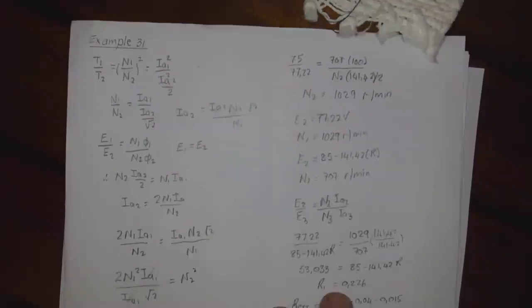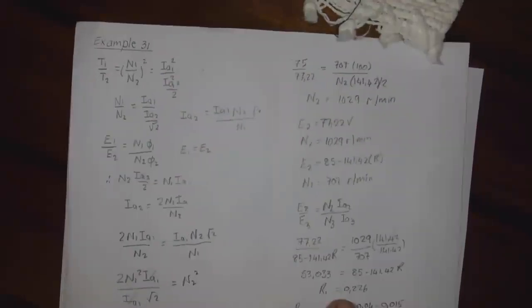E1 is equal to E2 because they've said nothing about the resistance, so we can ignore it. So that means that E1 is equal to E2. So N1 flux 1 is N2 flux 2, and flux 2 is IA2 over 2, which gives N1 IA1. So IA2 is then 2 N1 IA1 divided by N2.